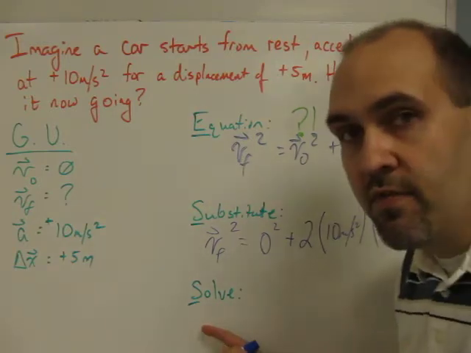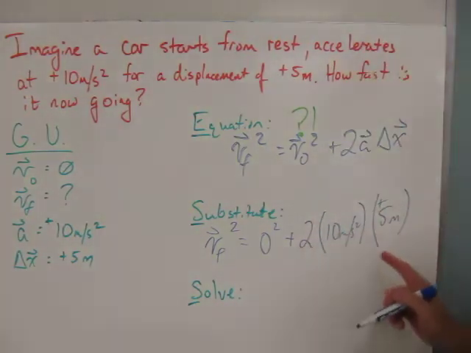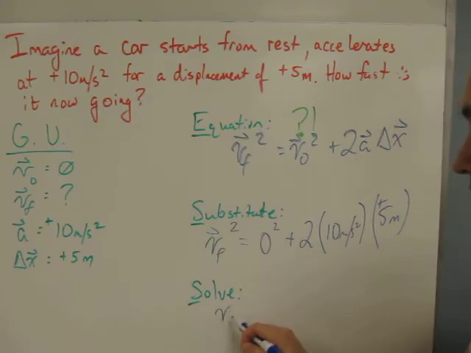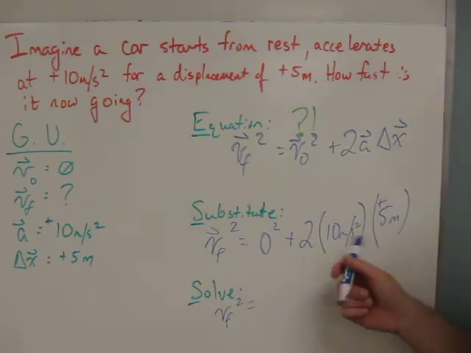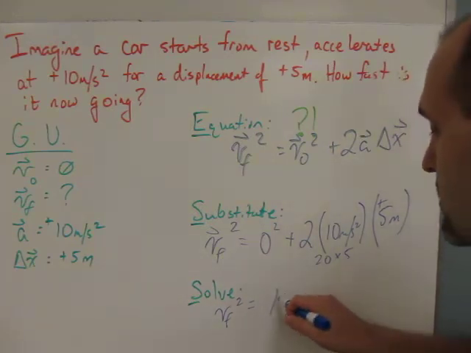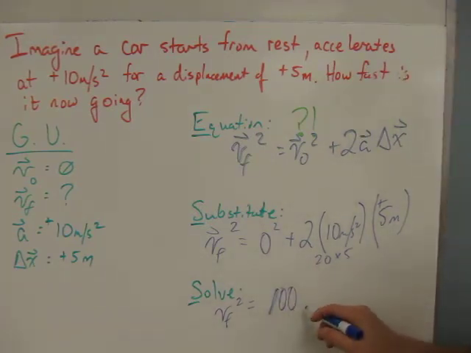Now when we solve, all we have to do, since we put in all our values, is we have Vf squared equals 0 squared. 0 squared is 0. 2 times 10 is 20, and 20 times 5 is 100. So this turns out to be 100 meters squared per second squared.